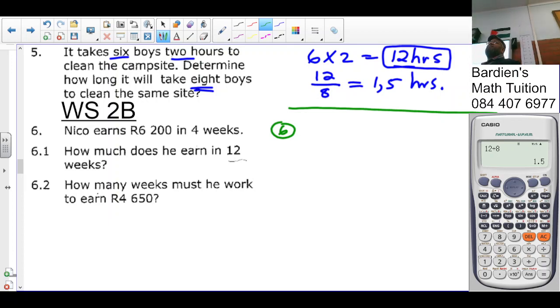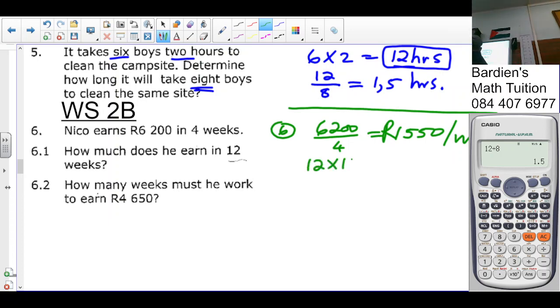We're going to first work out how much he earned in 1 week. 6,200 divided by 4 gives us 1,550 Rand per week. 12 weeks. 12 multiplied by 1,550 gives us 18,600.